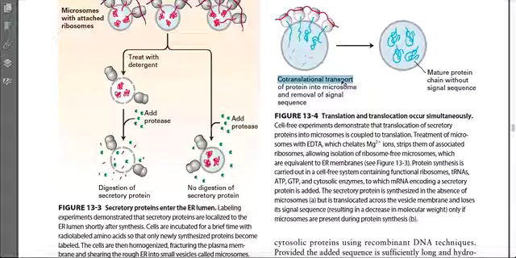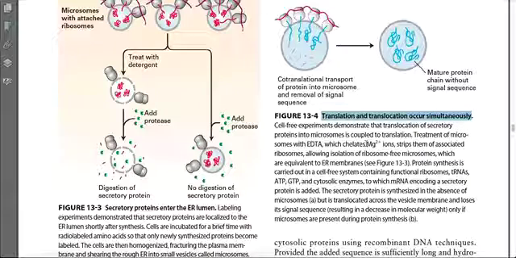Otherwise it will not be transferred. Here it is written that the protein synthesis carried out in the cell-free system contains a functional ribosome, and the secretory protein synthesized in absence of the microsome, and translation and translocation occur simultaneously.